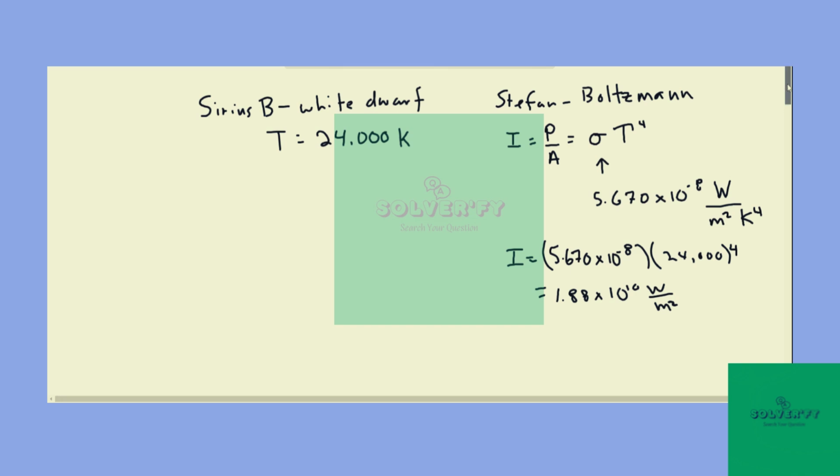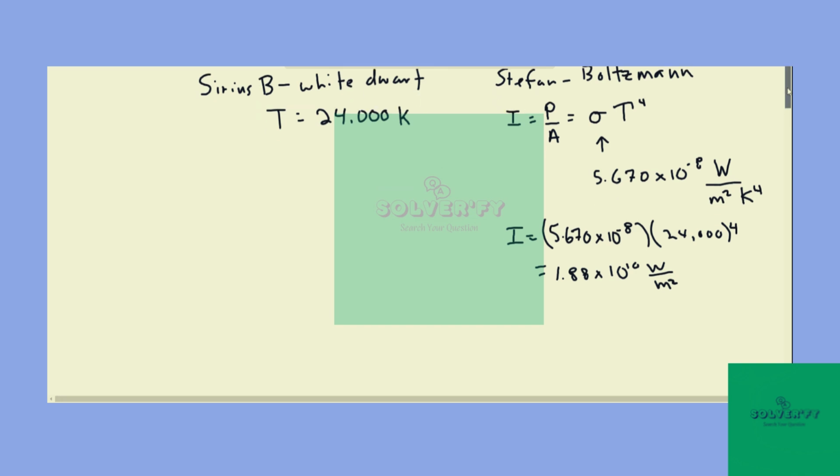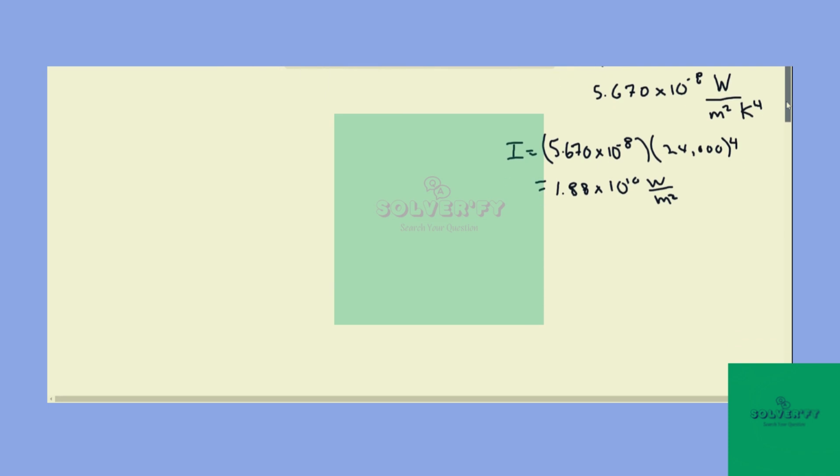So what we're going to do is, we are told that the total power radiated by this star is about 10 to the 25th watts. Okay, so that's the total power, not the power per unit area.